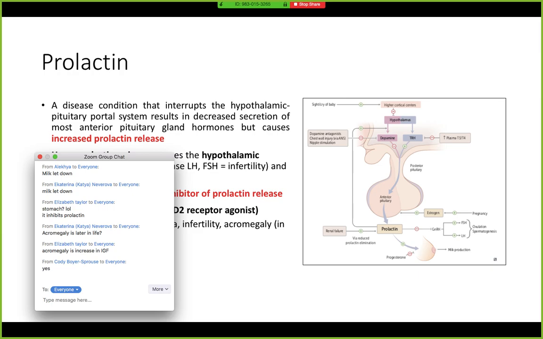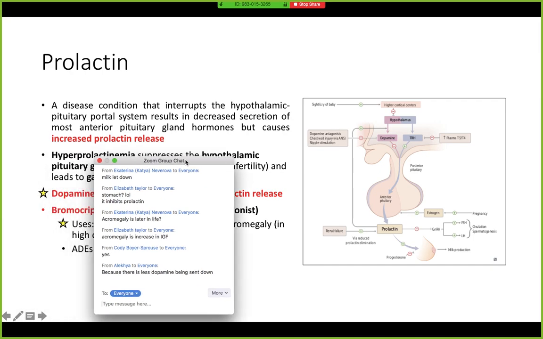Why do you get a decrease of the other anterior pituitary hormones but an increase in prolactin? Right, exactly, because there's less dopamine being sent down and it's not inhibiting the release of prolactin.